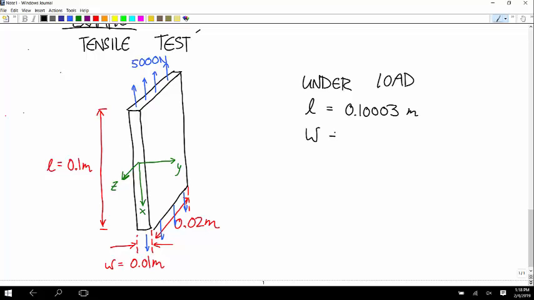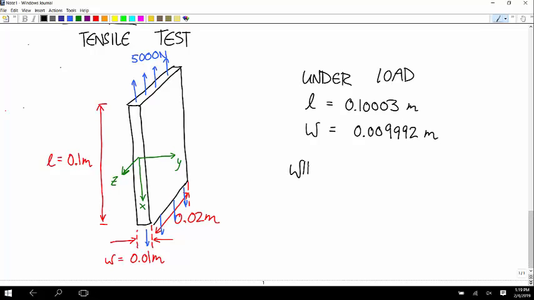And W, is that going to get a little bigger or a little smaller? So let's say that's 0, 0, and then 3 nines and a 2. And we want to figure out the compliance matrix.